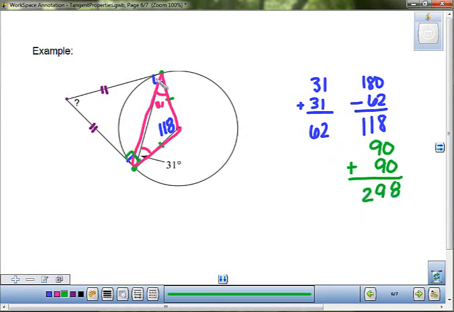So from these three angles here, I've used 298 of my 360. So then I take 360 minus 298. And I get 62 degrees. So this missing angle is 62 degrees.